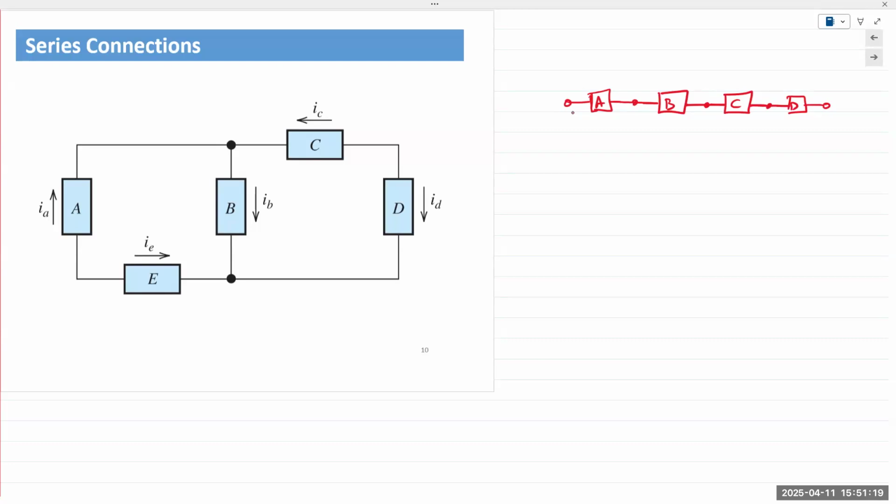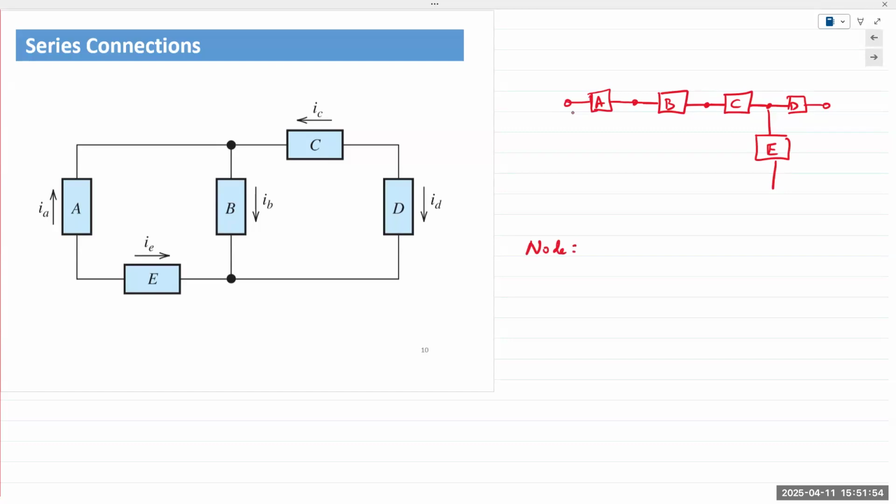So far, so good. Now, let's say we connect an element E here. So now, obviously, we have a third element connected. So C and D are no longer in series. As soon as you see three connections at a junction, at a node, those elements are no longer in series.